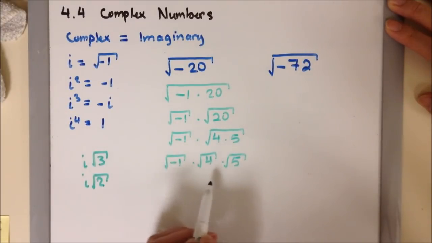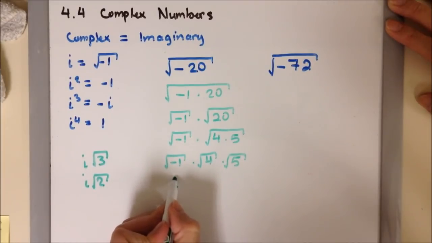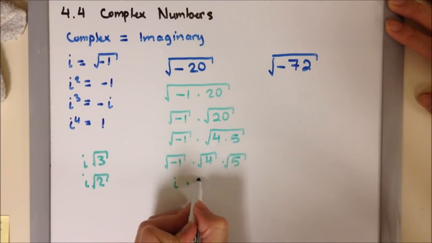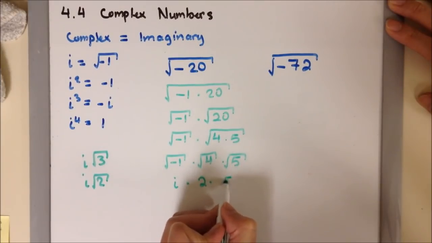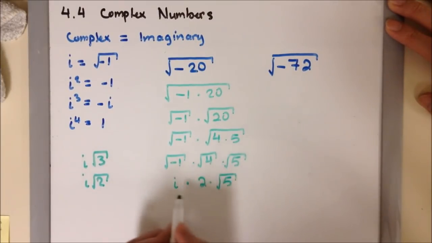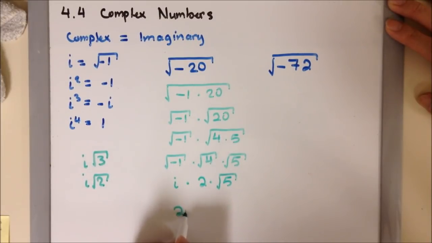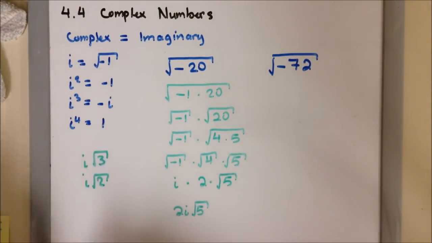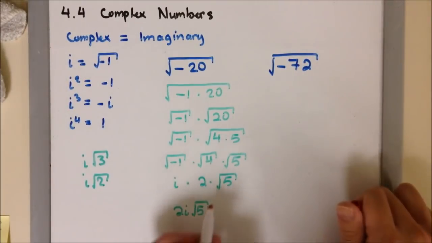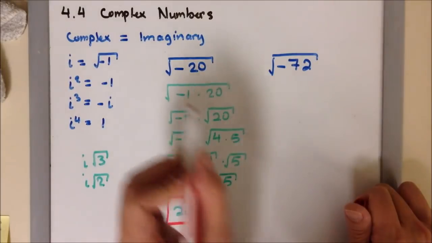So the only ones that I can simplify is the square root of -1 is i, the square root of 4 is 2, and I cannot do the square root of 5, so it stays the same. So i times 2 times square root of 5 will be 2i square root of 5. Just like that. And this is your final answer when you simplify square root of -20.